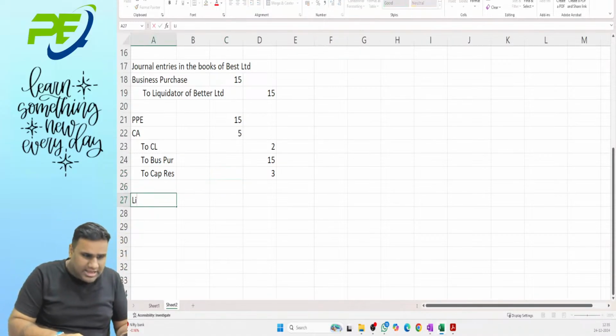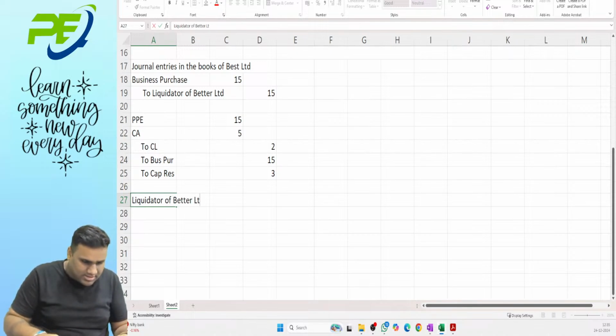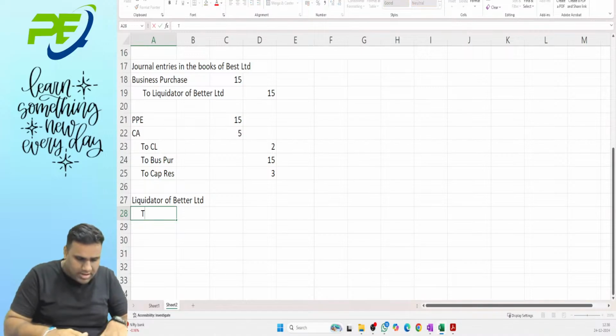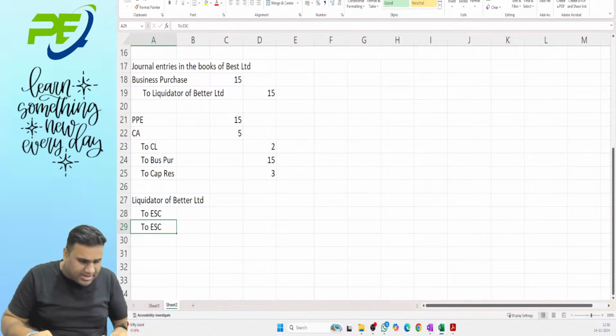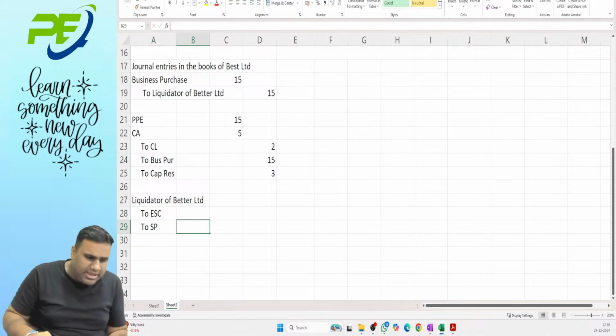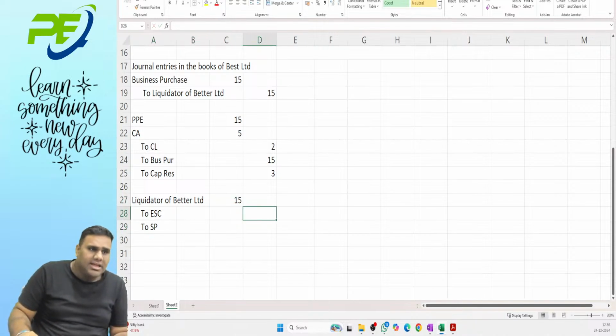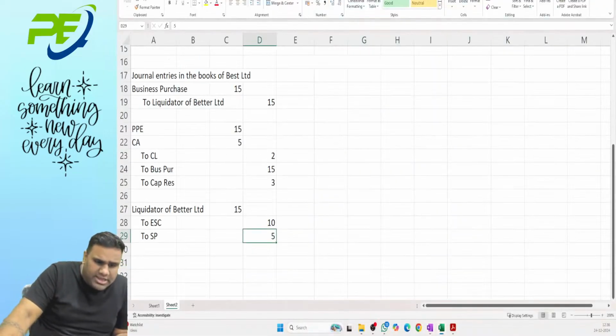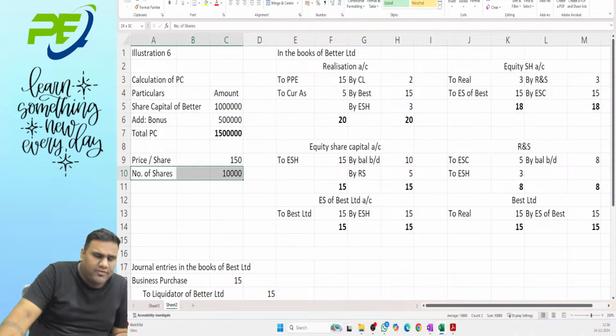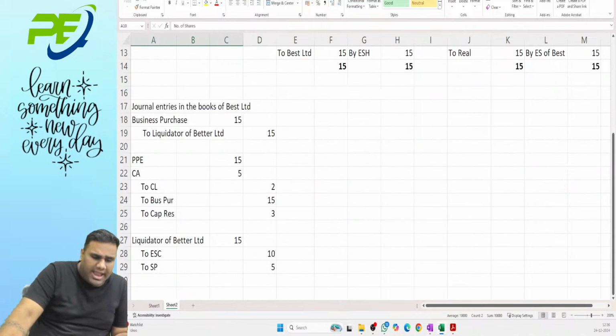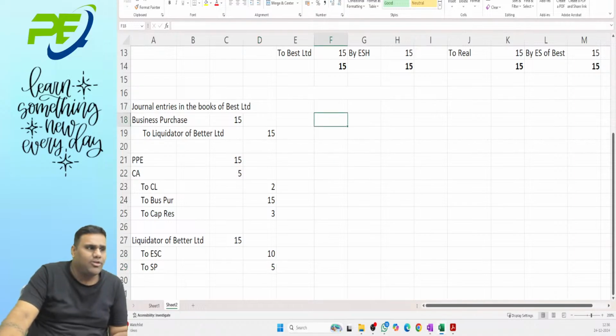So, liquidator of Better Limited to equity share capital to securities premium 15, in that 10 and 5. How 10? We got here already 10,000 shares, face value 10 lakhs, and the balance 5 lakh is securities premium.